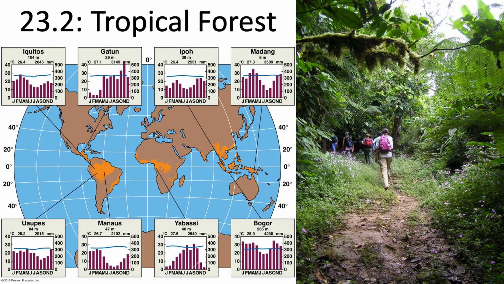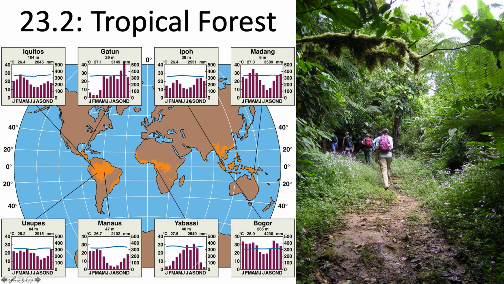So let's talk about tropical forests. These are some really nice maps that are in your textbook of each of the different types of ecosystems that we're going to talk about today. And these are just some of the tropical forests that they've pointed out here so that you can see the temperature in Celsius ranges across the entire year.